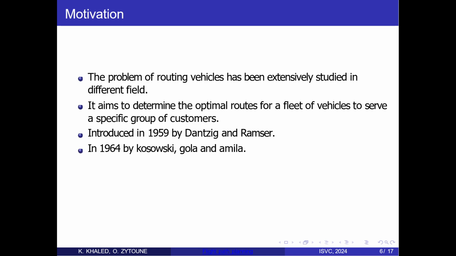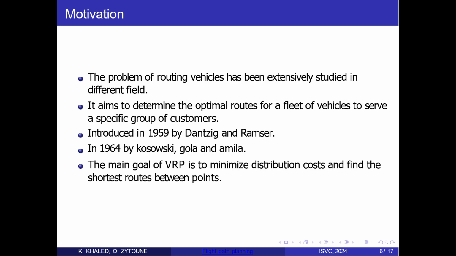Then in 1964, Clarke and Wright generalized this problem to a linear optimization problem called the vehicle routing problem, one of the most studied topics in operations research. The main goal of the vehicle routing problem is to minimize distribution costs and find the shortest route between points.